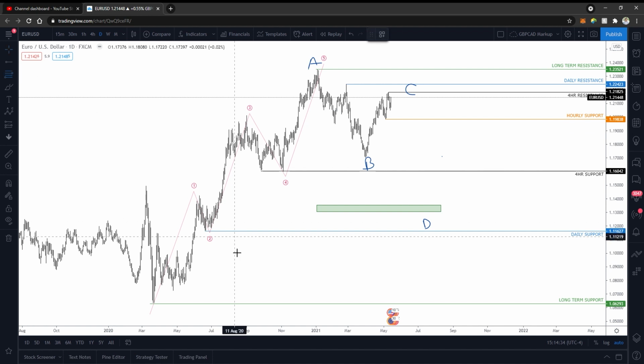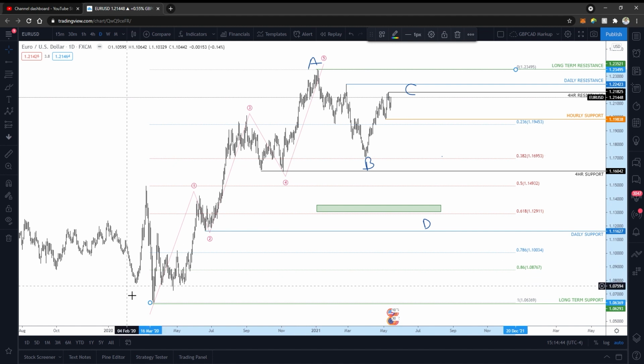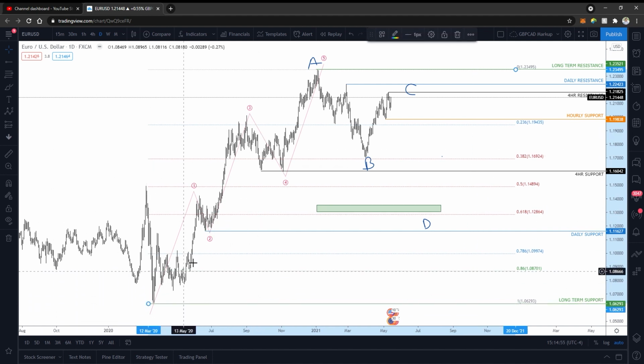is I'm just going to go the whole move, because once a wave sequence has completed, the corrective structure is going to correct the entire move. And so this was the entire move. And so my 618 level on this entire move, let me make sure I got this right. Yeah, my 618 level on this entire move is the extension of this corrective move, right?